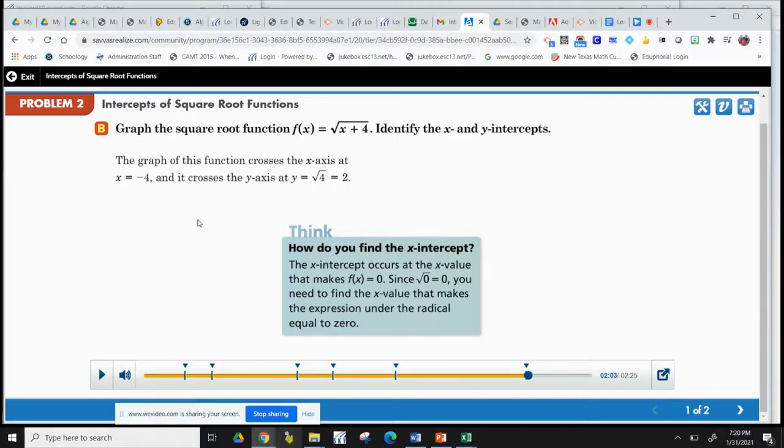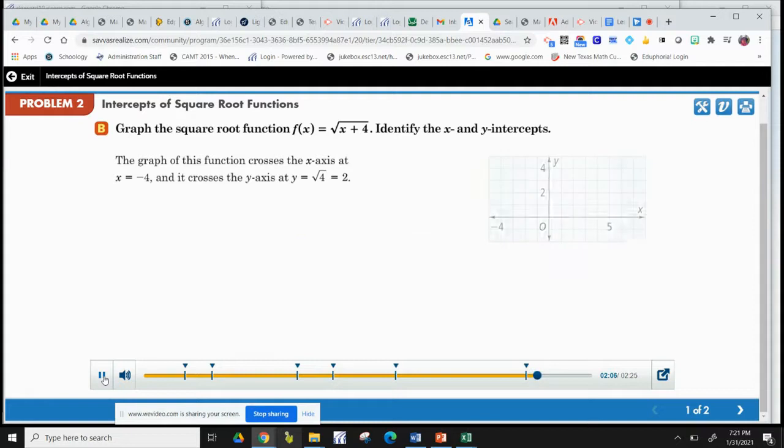One, you can graph, or else you can plug in: for the x-intercept, you plug a 0 for the y; for the y-intercept, you plug a 0 for the x. So finding intercepts, you plug a 0 for the opposite letter. The x-intercept is the point negative 4, 0. The y-intercept is the point 0, 2.